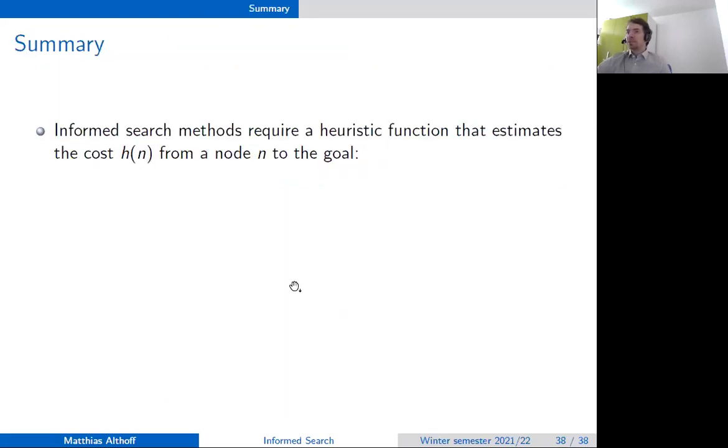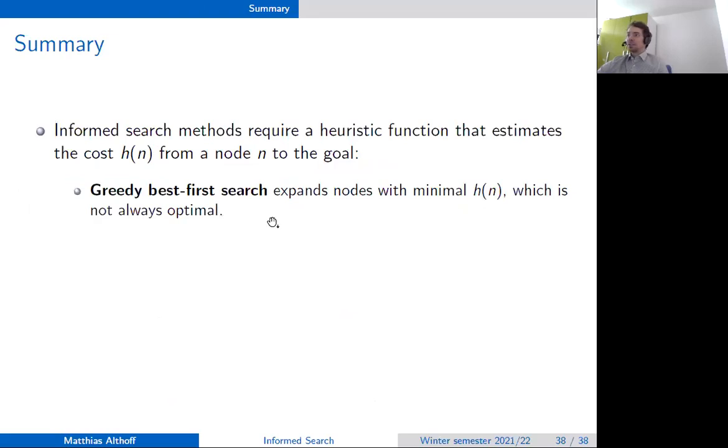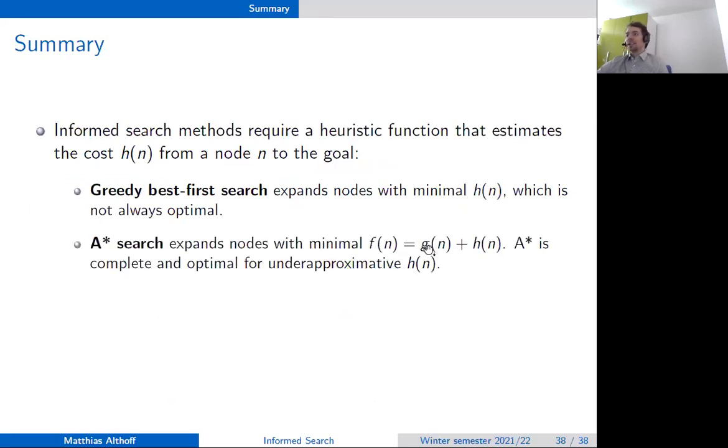So to sum up, informed search methods require a heuristic function that estimates the cost h of n from a node n to the goal. So for greedy best first search, we just use h of n, and for A* search, we use h of n plus g of n. Right, and if h of n is chosen in an under-approximative way, which is of course a requirement for A* search, then A* search always finds the optimal solution.